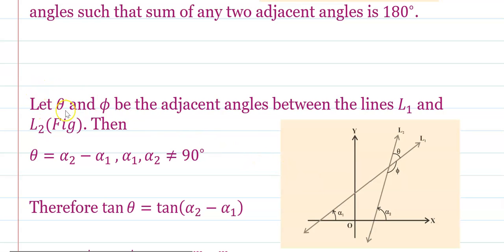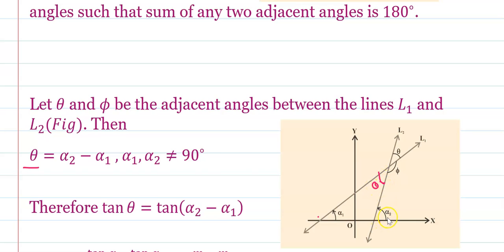Here theta and phi are the adjacent angles between the lines L1 and L2. Okay. Now this theta is equal to alpha 2 minus alpha 1. If we consider this triangle, the measure of this angle is theta.